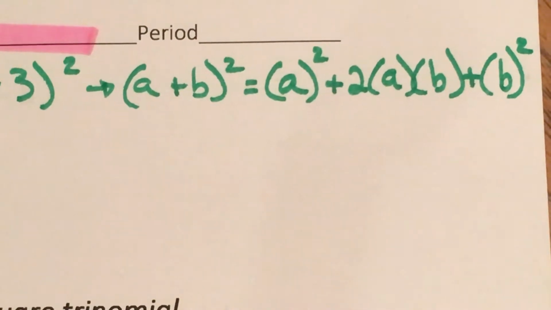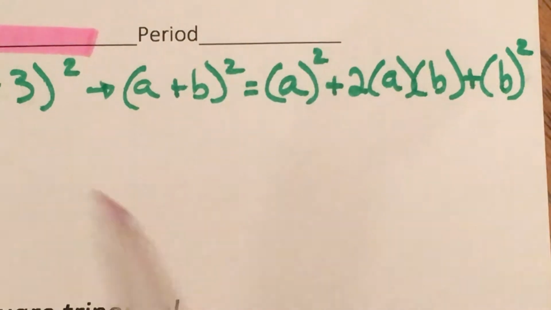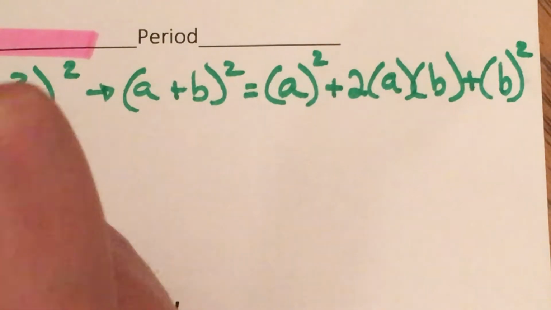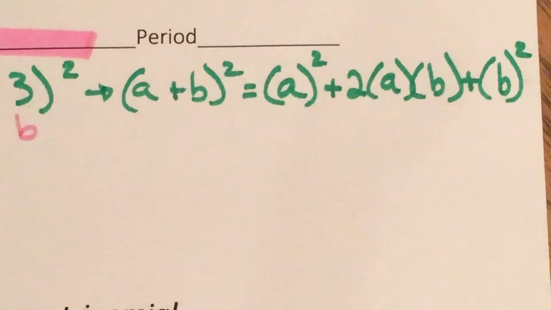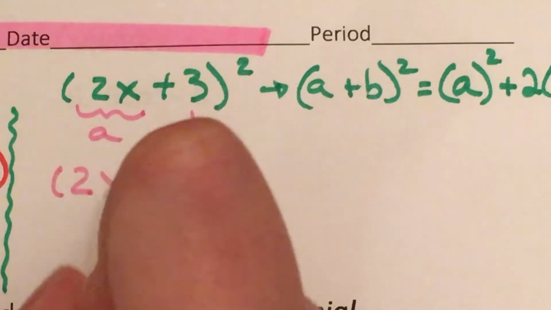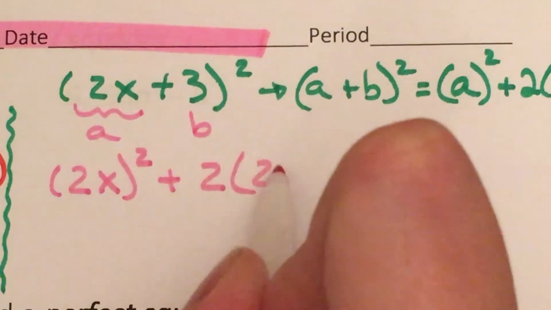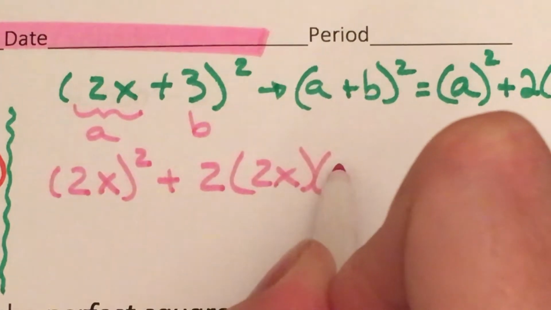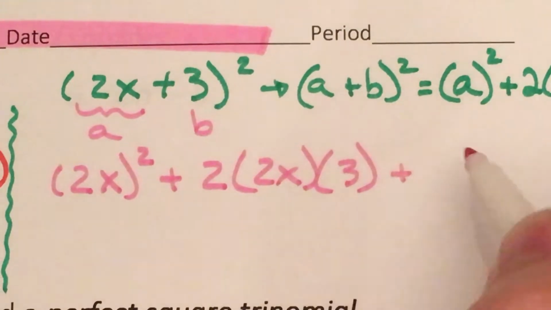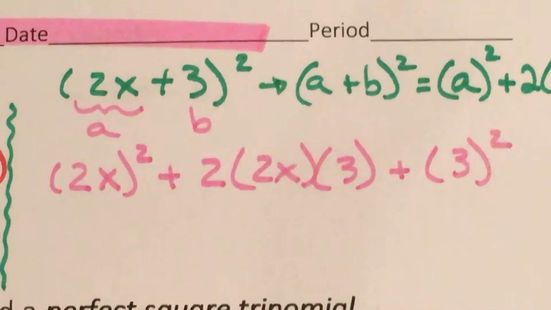So let's use it for this particular problem. So my quantity of a, this is a, this is b. So 2x squared plus 2 times 2x times 3, because this is my a, this is my b, plus my b squared.